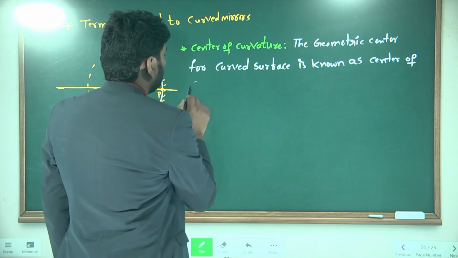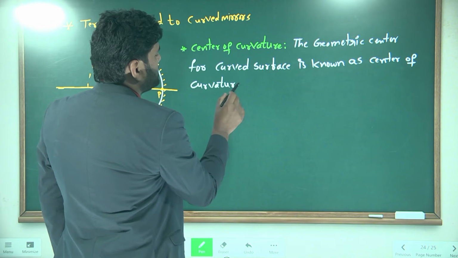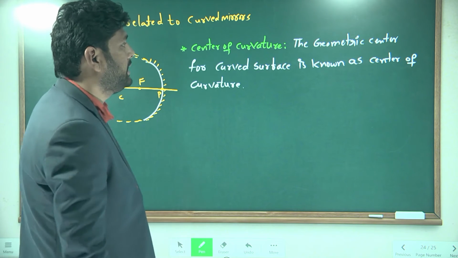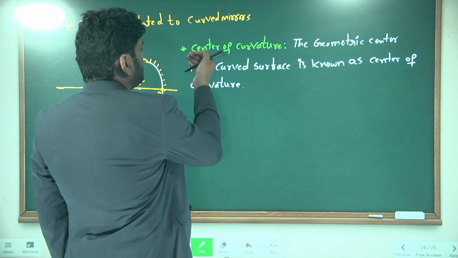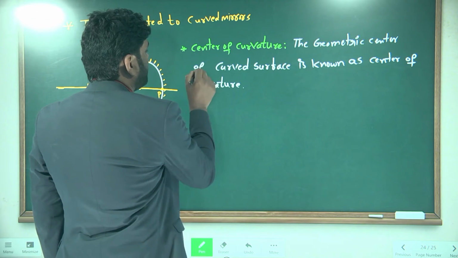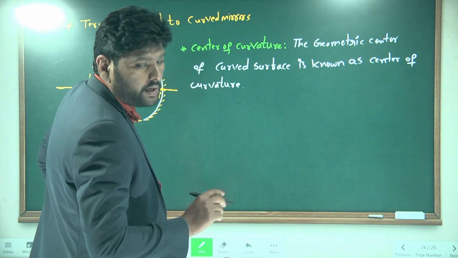Center of curvature. Understand? The geometric center of curved surface. The geometric center of curved surface is known as center of curvature. That is the one terminology.